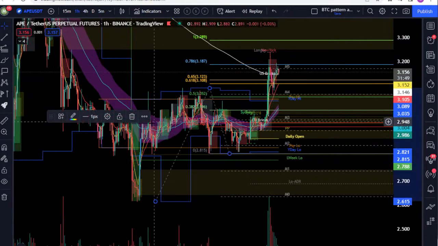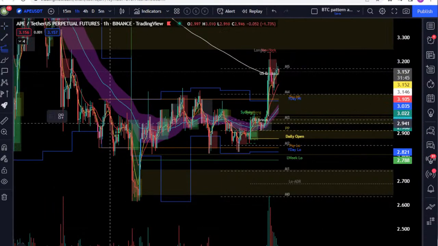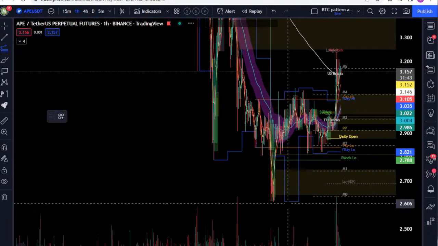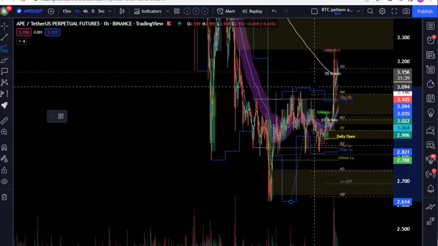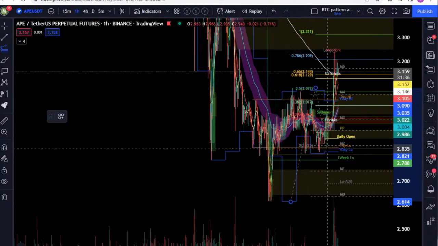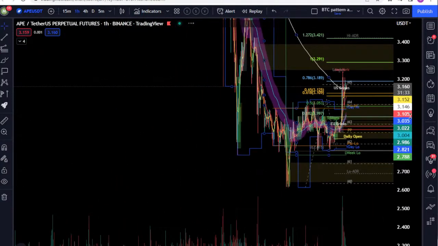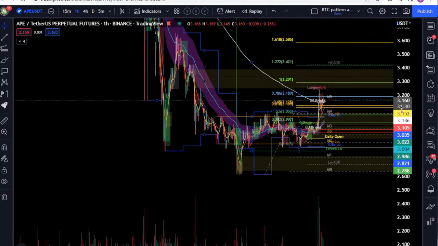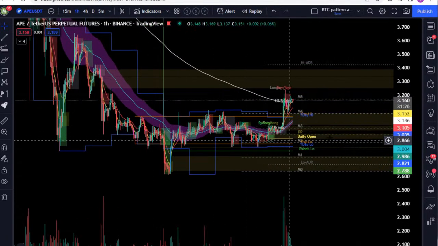It might be an ABC or beginning of something. ApeCoin, if it's starting something over here, this is on the hourly. If it's starting something over here, and this is the rotation to the upside, ApeCoin could see 3.29 or even 3.586.